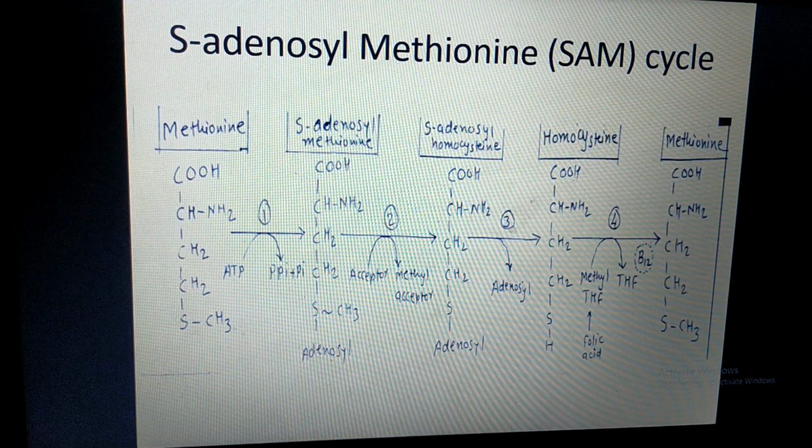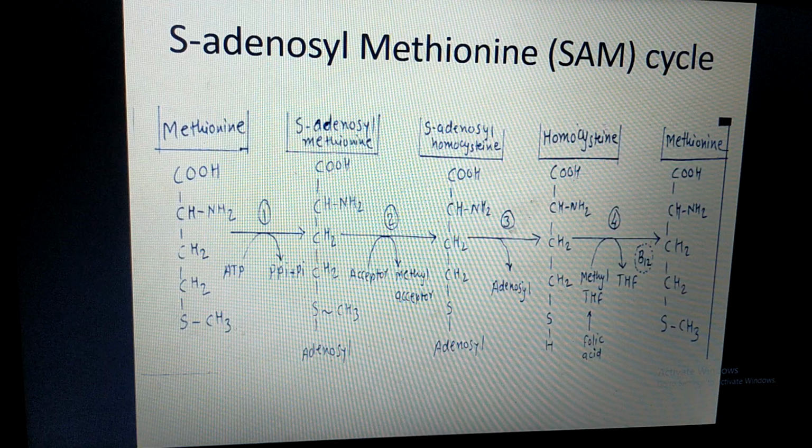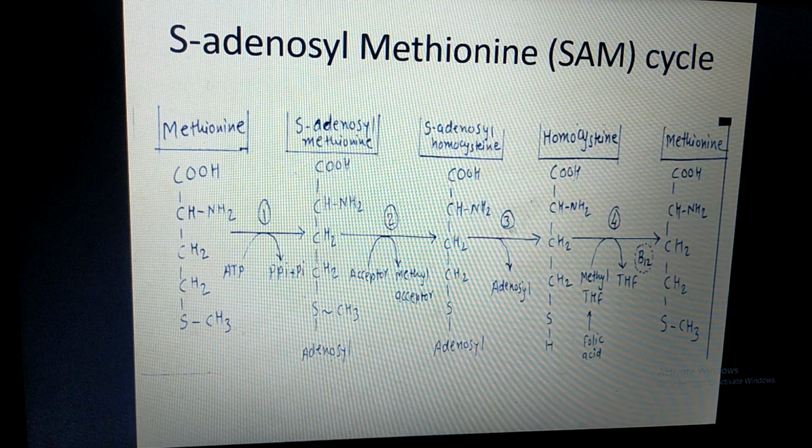Now here methionine combines with ATP, where the adenosyl group of ATP combines with the sulfur atom of methionine to form S-adenosyl methionine, due to which the methyl group is easily detached from S-adenosyl methionine, and this methyl group can be added to any acceptor to form methyl acceptor.